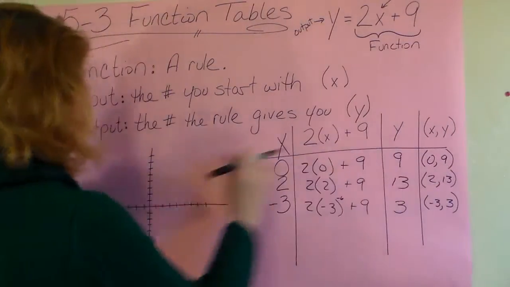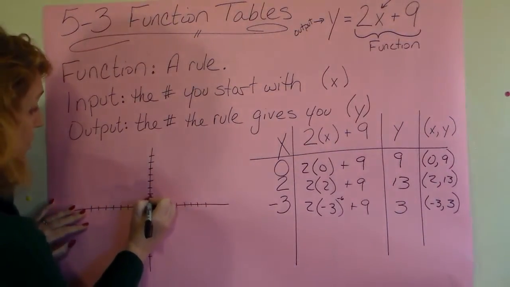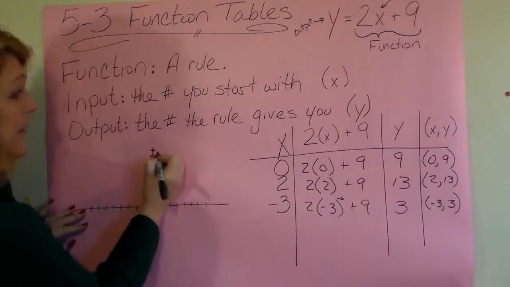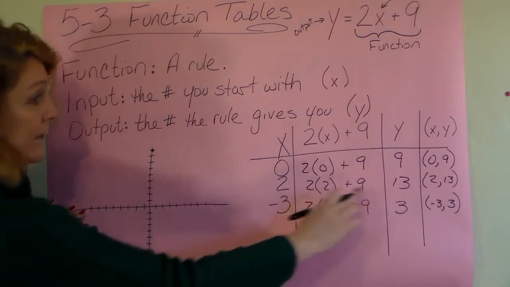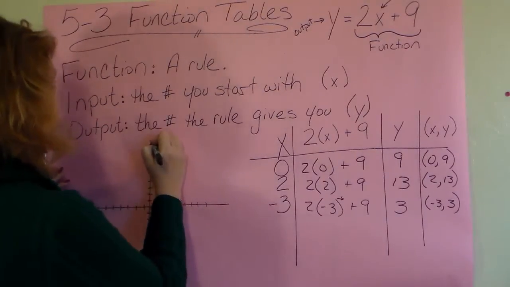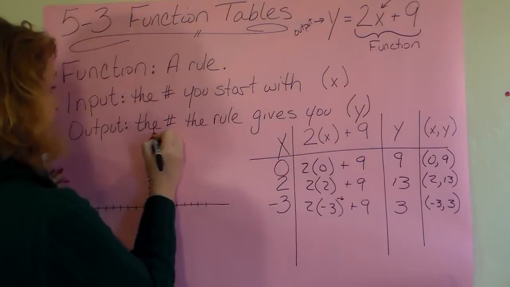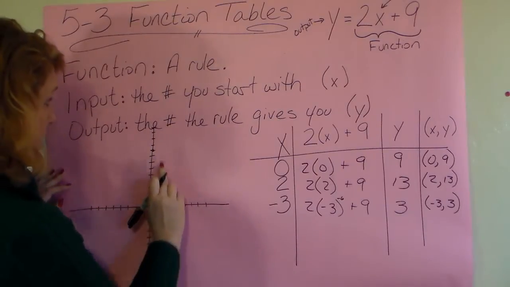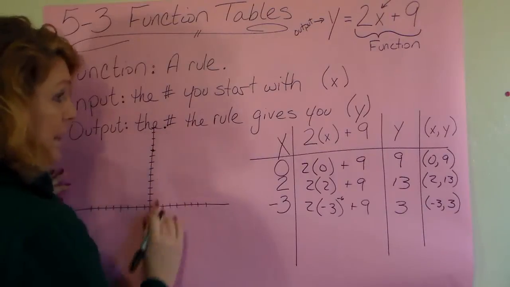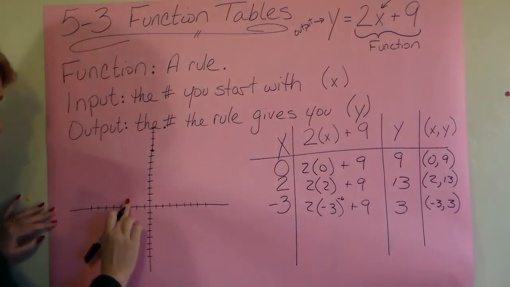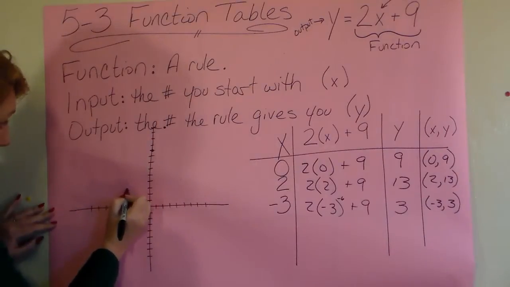I'm going to start by graphing 0, 9: 1, 2, 3, 4, 5, 6, 7, 8, 9. There we go. That's my first one. Then I've got 2, 13: 10, 11, 12, 13. And negative 3, 3: 1, 2, 3.